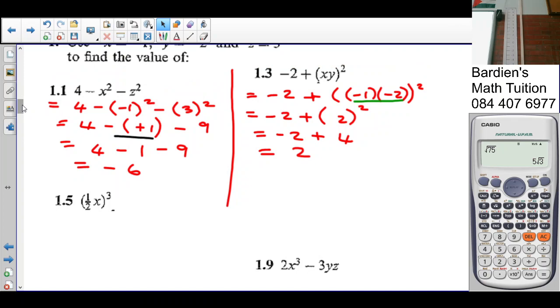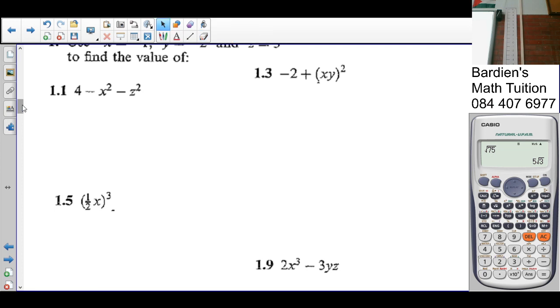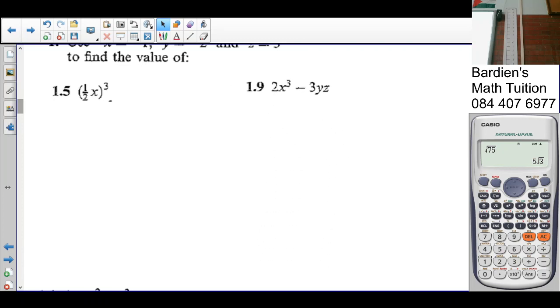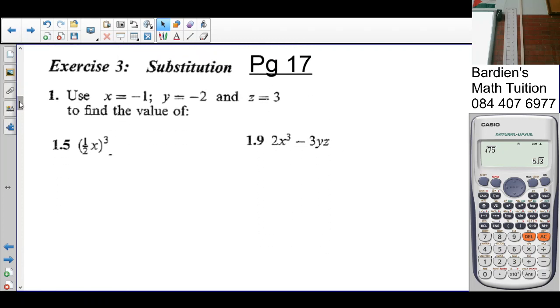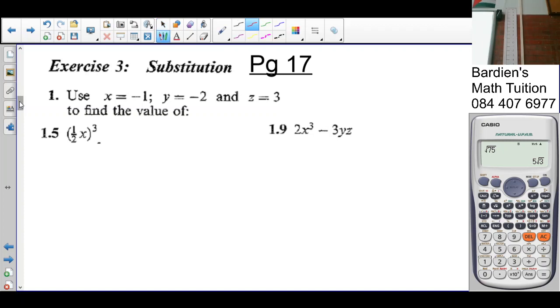Just look at 1.5. Okay, so x is equal to what? Negative 1. So that will simply be, open a bracket, negative 1 cubed. You all agree with that?